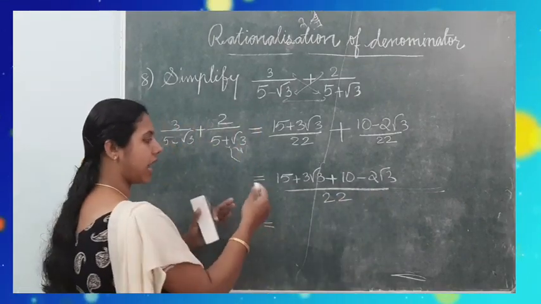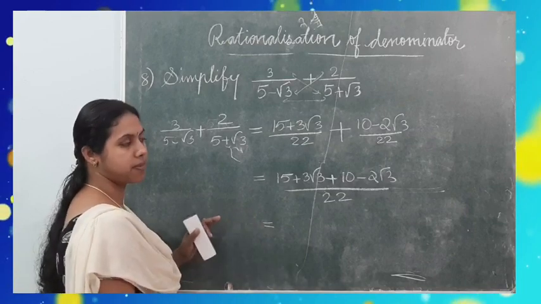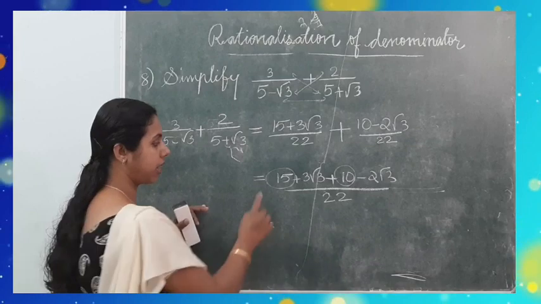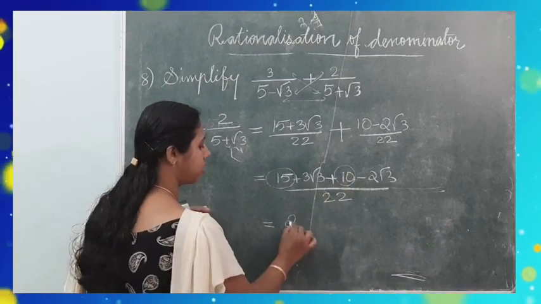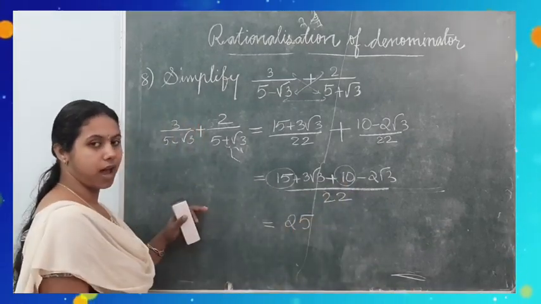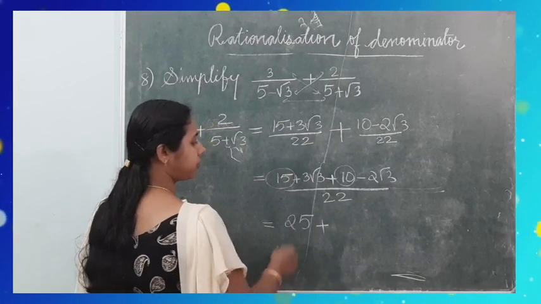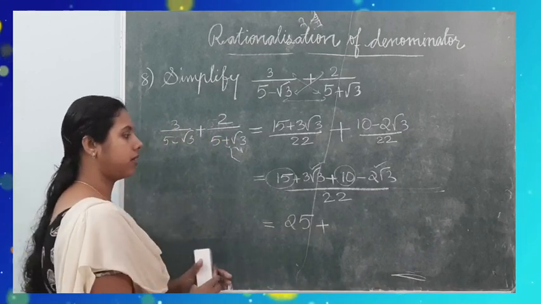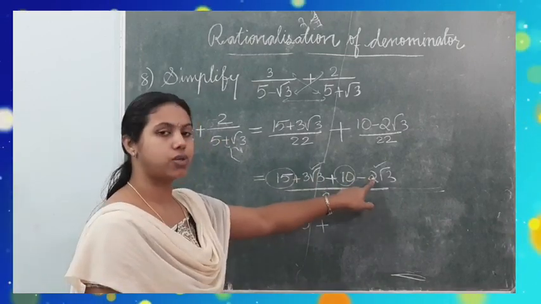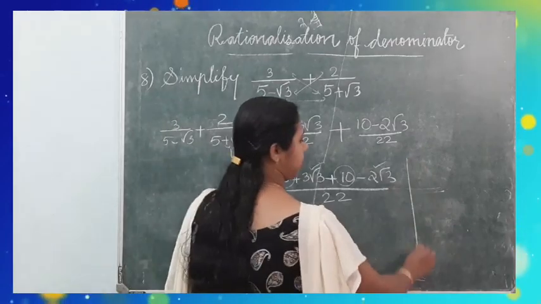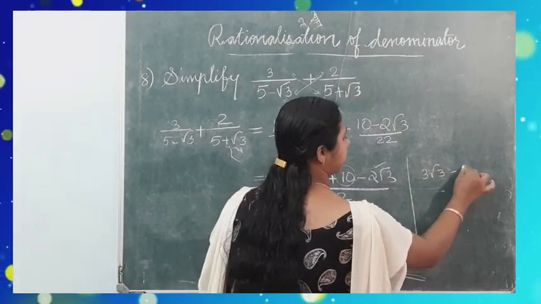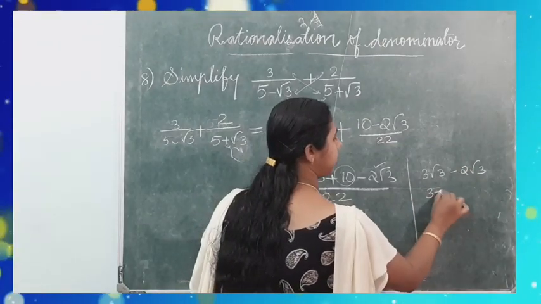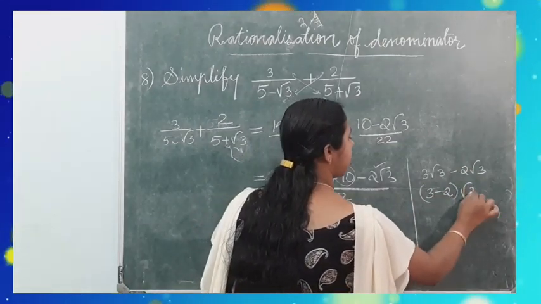Now you can add the rational and irrational numbers separately. Here 15 and 10 are rational numbers; 15 plus 10 is equal to 25. Then 3 root 3 minus 2 root 3. Here root 3 is common, you can take it out, then it will be 3 minus 2 into root 3.